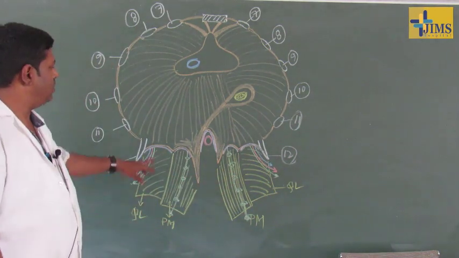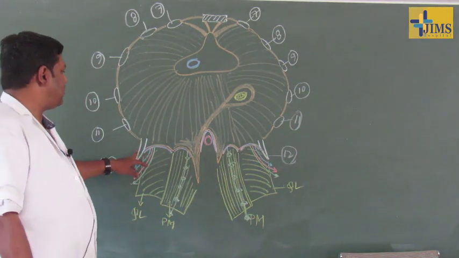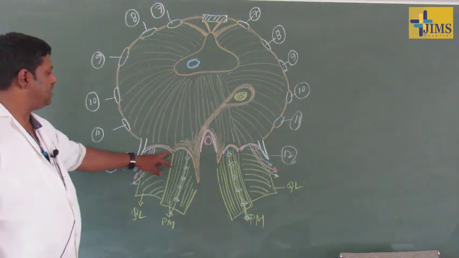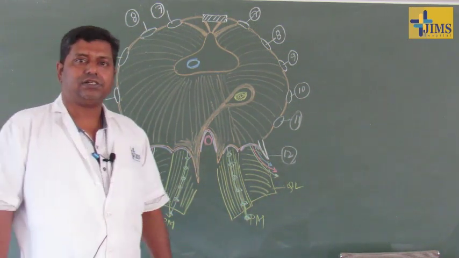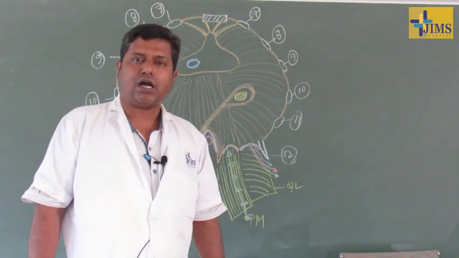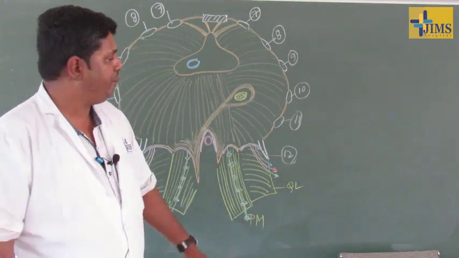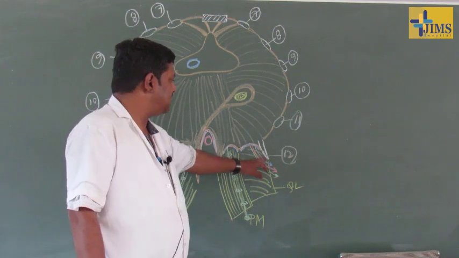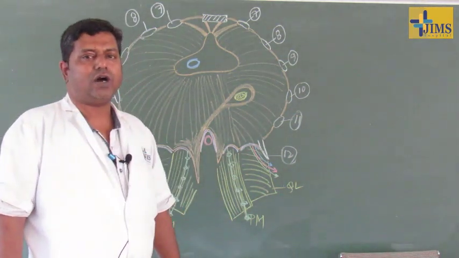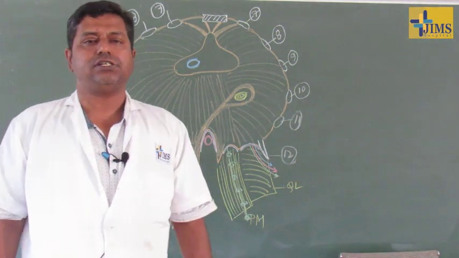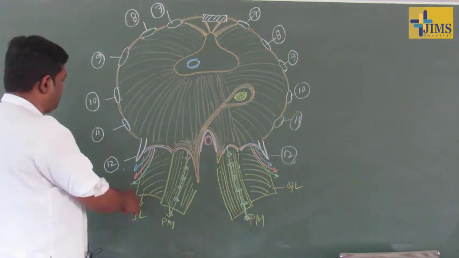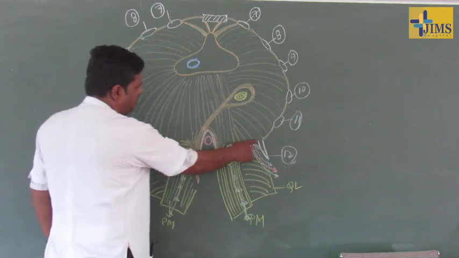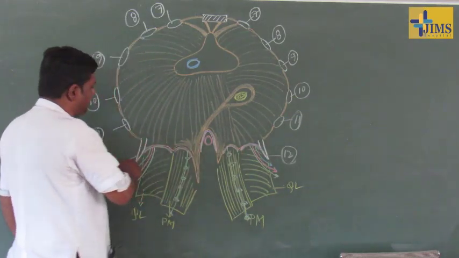Now on each side, the lateral arcuate ligament runs from the tip of the transverse process of the first lumbar vertebra medially, and laterally up to the lower margin of the 12th rib. You can see here the 12th rib. These are the two 12th ribs.